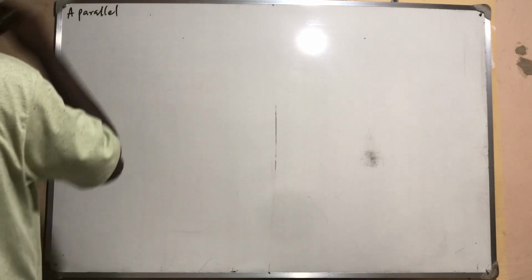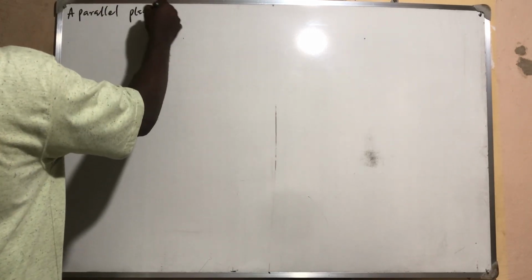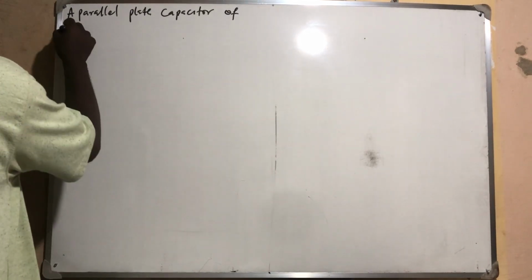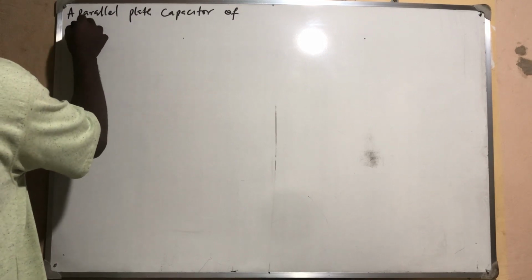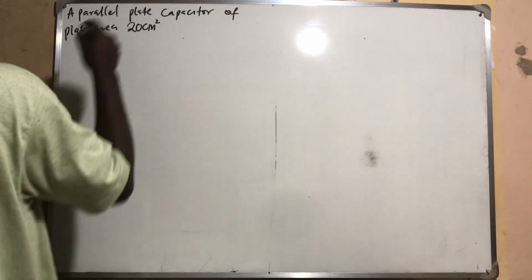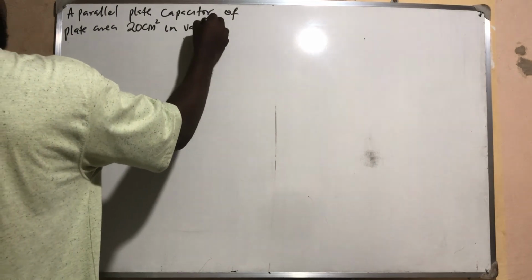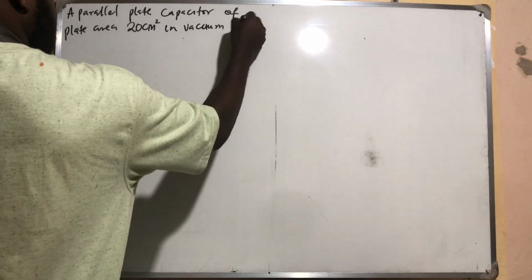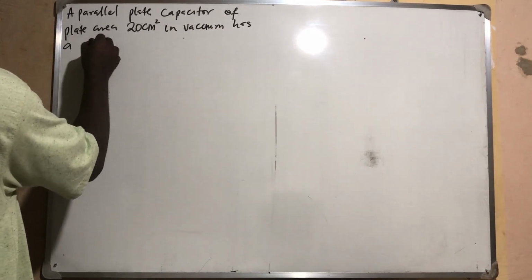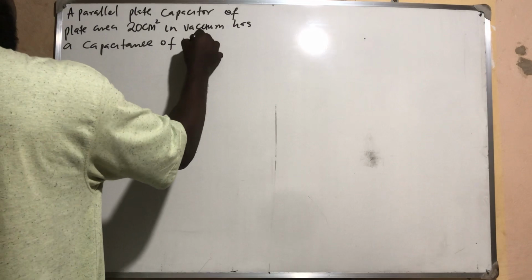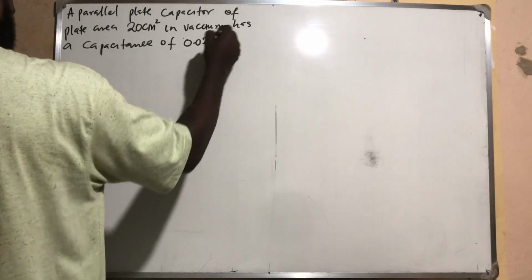That say that a parallel plate capacitor of plate area 20 cm squared in vacuum has a capacitance of 0.02 μ farad.